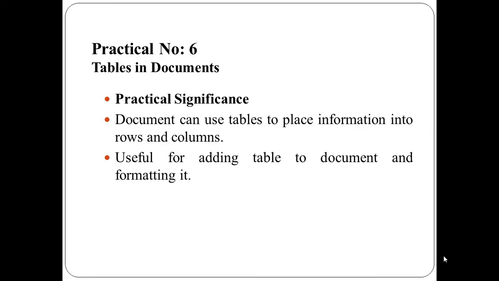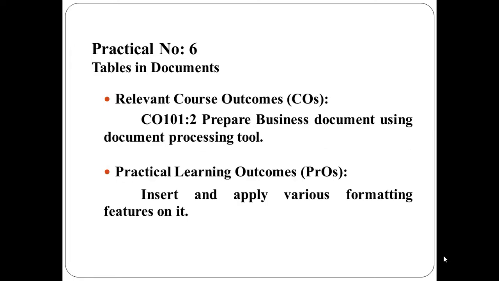A document can use tables to place information into rows and columns. This practical is useful for adding a table to a document and formatting it, to combine or split table cells, or insert and remove rows and columns. It also provides a visual grouping of information.